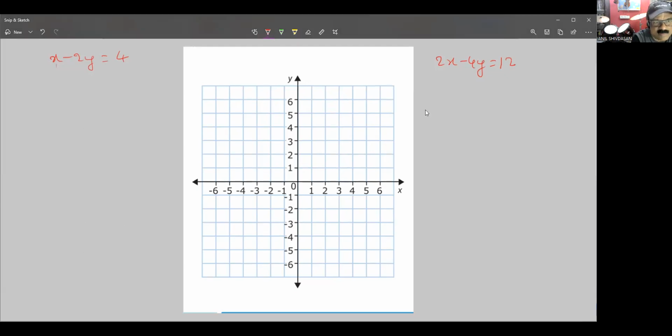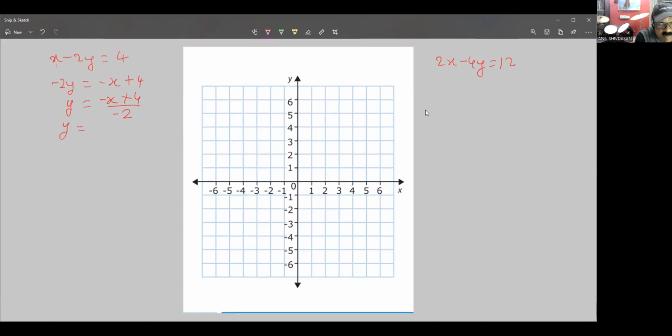Okay, so let's now go through the process of preparing the table. So first of all, minus 2y is equal to minus x plus 4. So y will be minus x plus 4 upon minus 2.